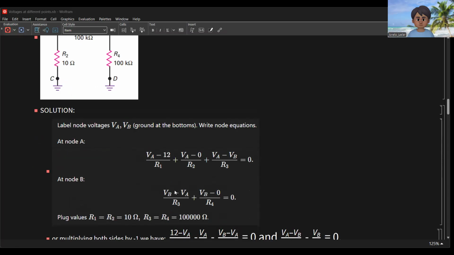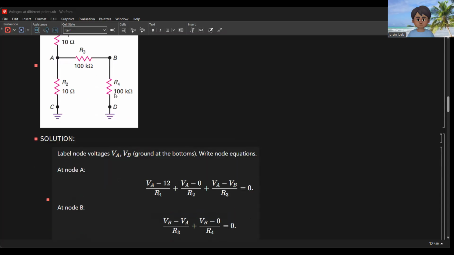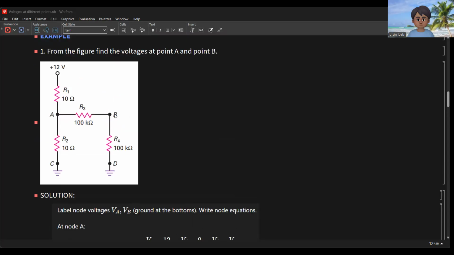And this one is the line entering point B, and this is the current entering point B, and this is the current leaving point B.